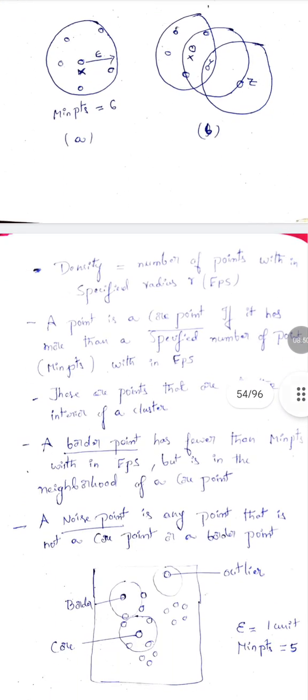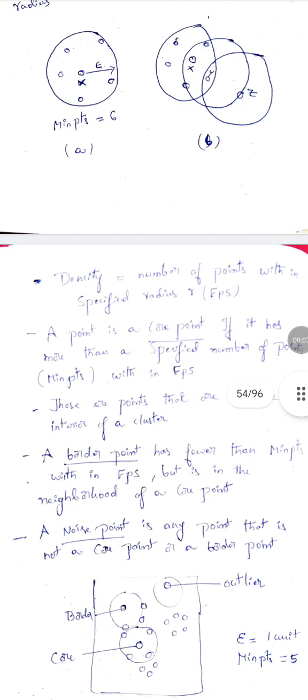Density, this is a formula we can consider. Density equals the number of points within the specified radius. That means only the points near the radius we can consider, and those are called density points.